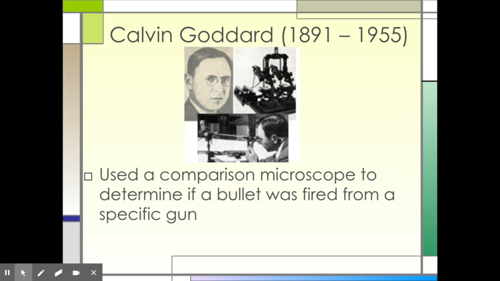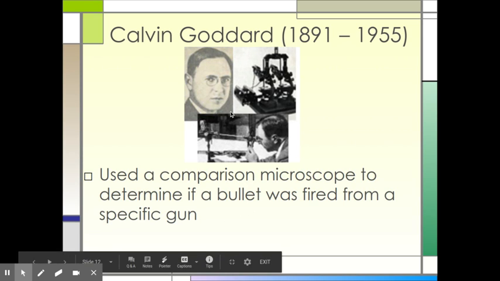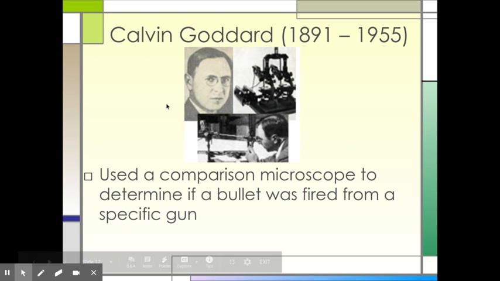That's a big deal. If you've got the smoking gun, no pun intended, if you've got the murder weapon, now you can trace that back to where it came from. Its owner, is it registered? Was it stolen? Who reported it stolen? Who might they have had contact with? Okay, so using comparison microscopes in ballistics started with Calvin Goddard.